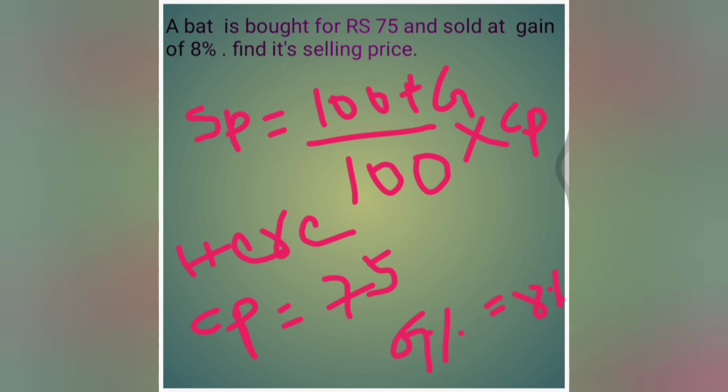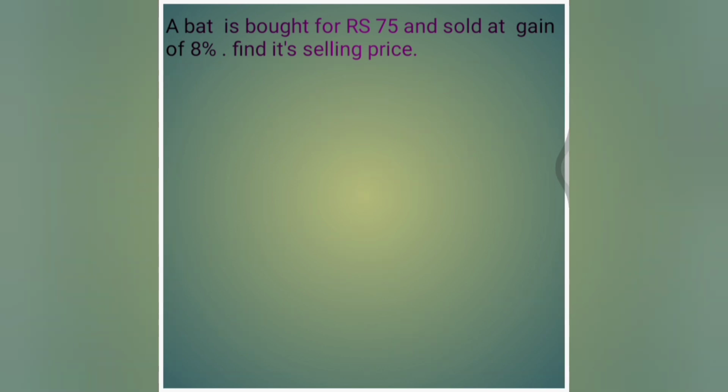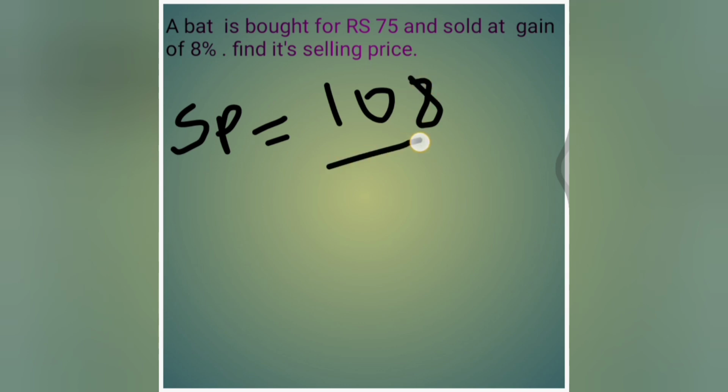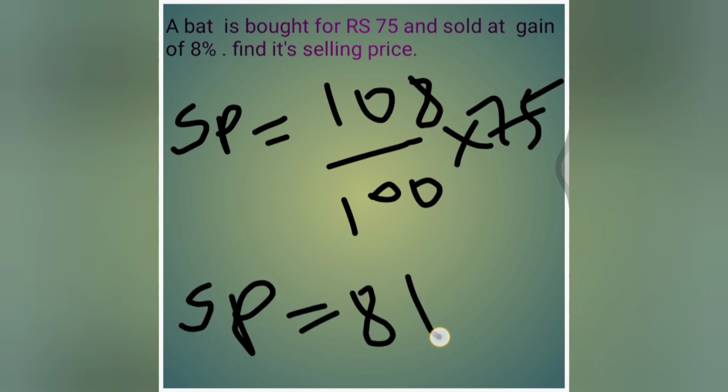These two are substituted in the selling price formula. I am getting selling price equals 108 by 100 into cost price 75. So I am getting SP equals 81. This is my answer.